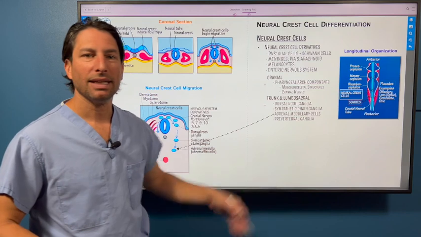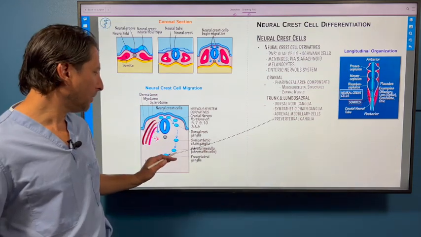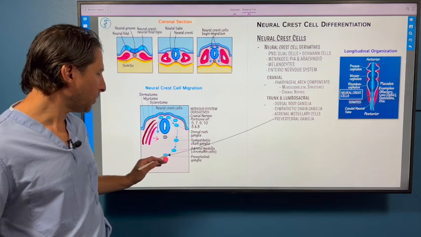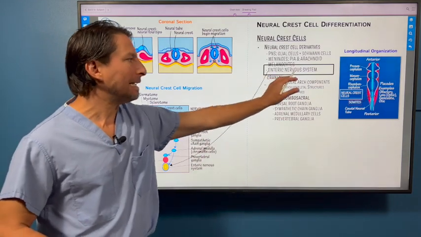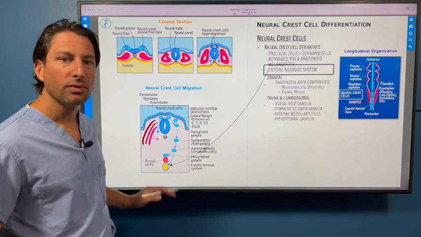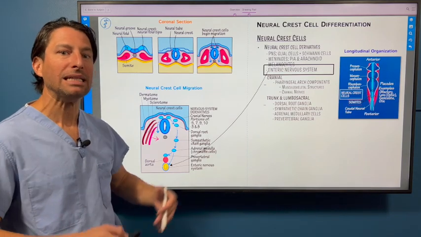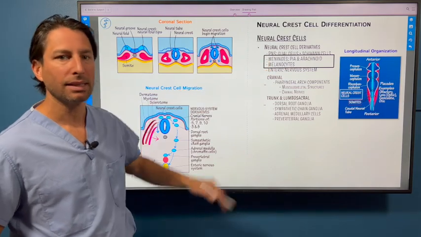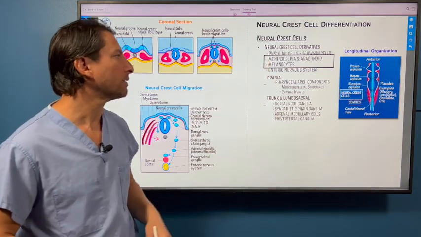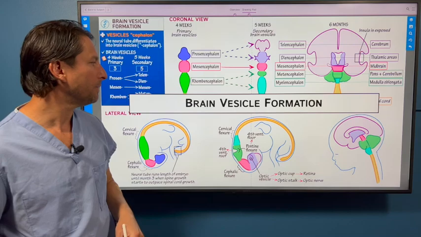Adrenal medullary cells, these chromaffin cells, it also forms, and then it forms this prevertebral ganglia here. And then it forms the enteric nervous system. So it also forms the nervous system to the digestive tract. And then don't forget the meninges and melanocytes. So a lot of different structures coming from the neural crest cells.